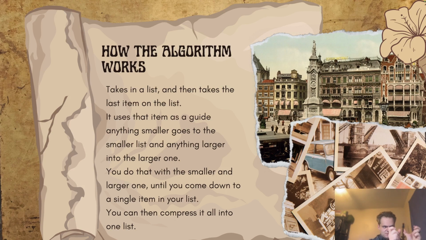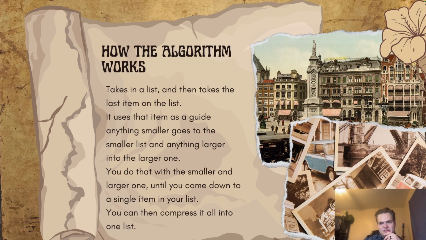For the smaller list, we take the end, put it in the middle, and put everything to the two sides. You keep doing that until you have just one item all the way around, and at that point, they're all in the proper place in a sorted list. And so it sorts it that way.